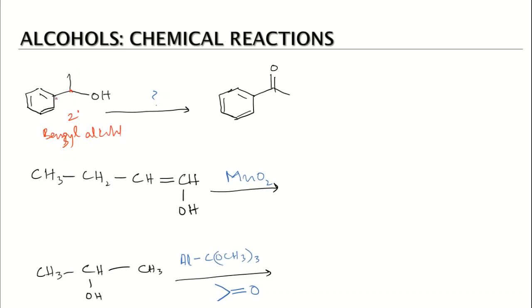When a carbon is attached to a benzene ring, and to that carbon we have a hydroxyl group, then we call that a benzyl alcohol. Because this is a 2-degree benzyl alcohol, it will be converted into the ketone. The reagent here is MnO2, manganese dioxide. MnO2 is going to convert this 2-degree benzyl alcohol into the ketone.